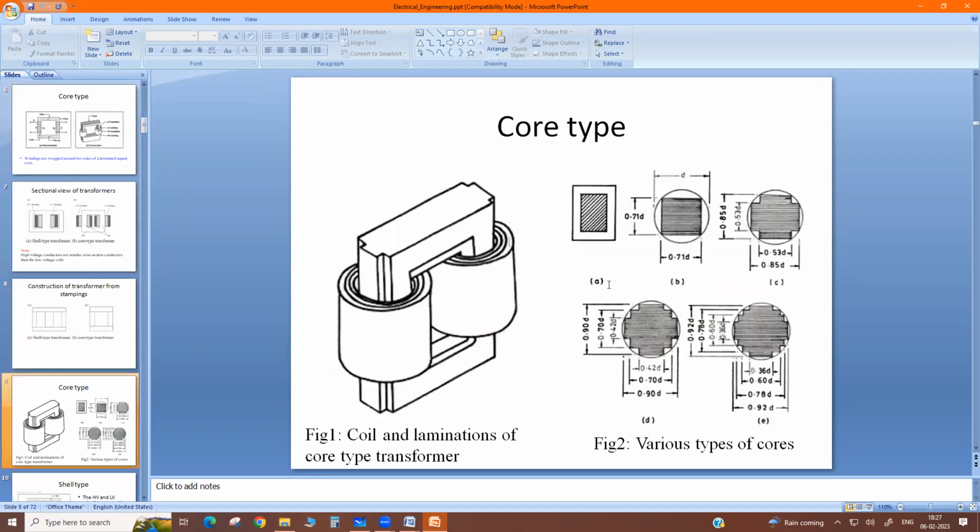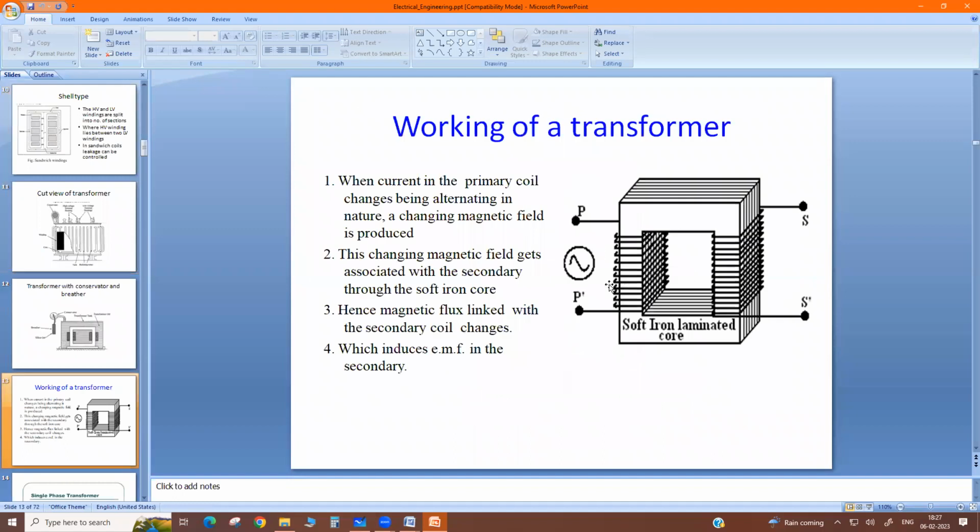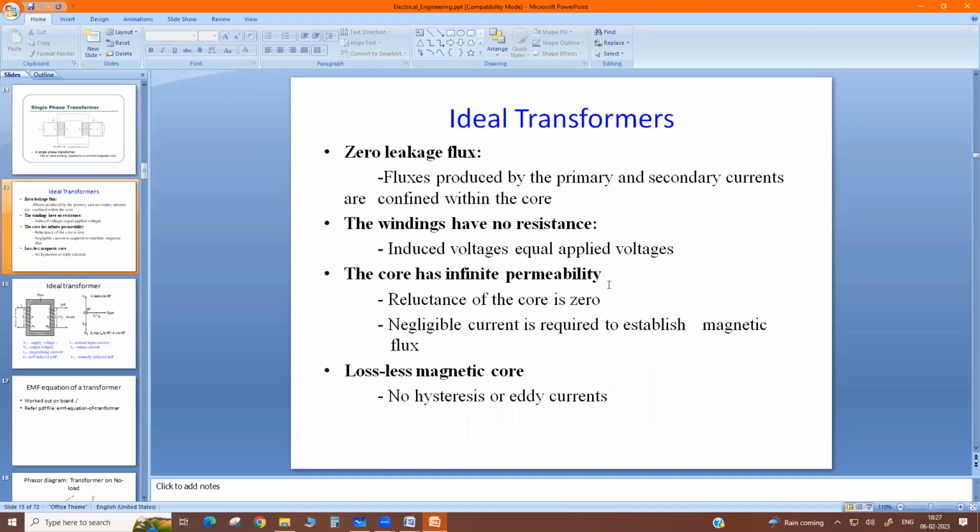Here we discussed the transformer types and working principle, equivalence. Now the ideal transformer has no leakage flux, the winding has infinite permeability, and the reluctance of the core is zero. Then the winding has no resistance, means zero impedance.